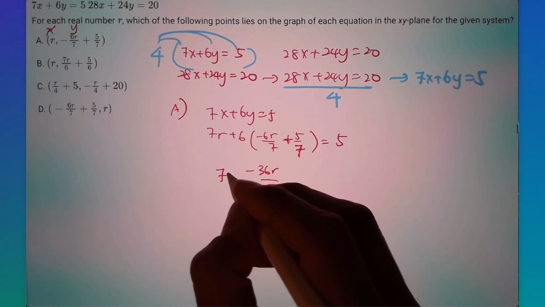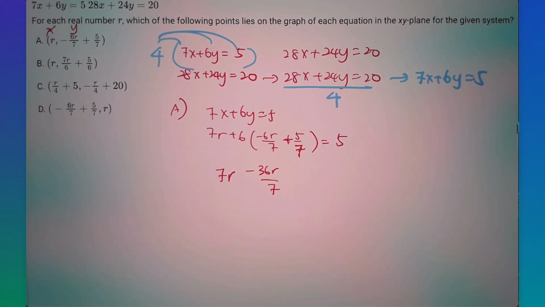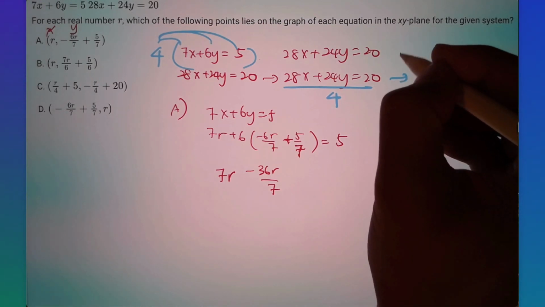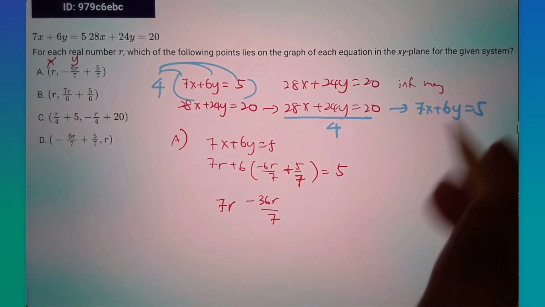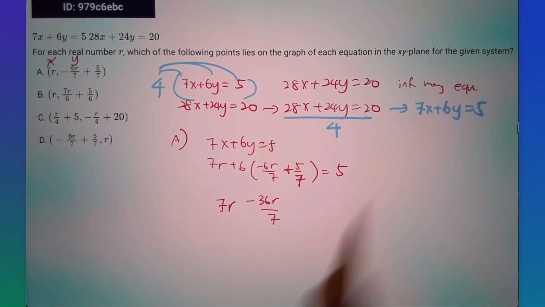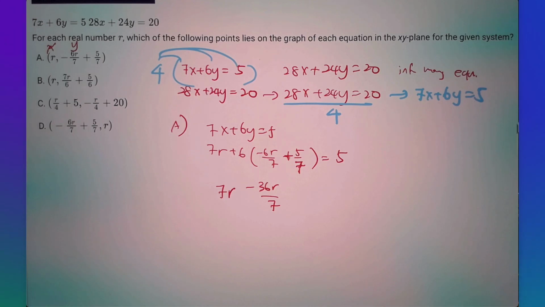And the moment I get something like 7r minus 36r over 7, I don't have to go further. I mean, you get r equals something. We don't want that because we want infinitely many solutions based on the two given equations on top. Okay, so we're gonna ignore A.